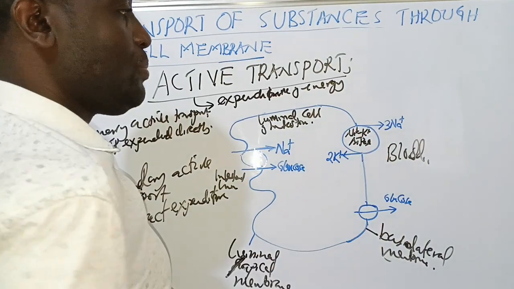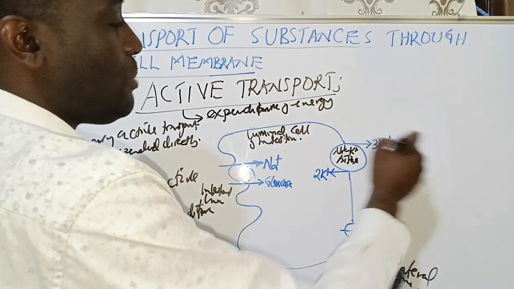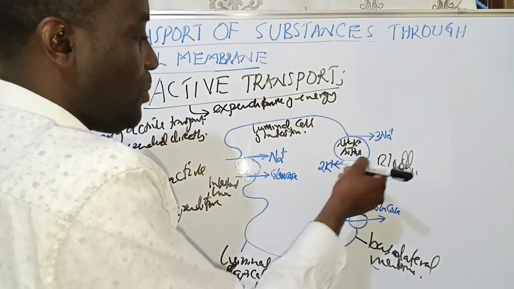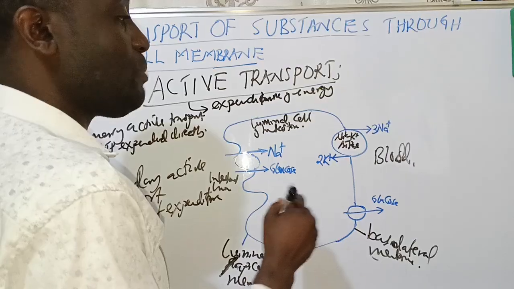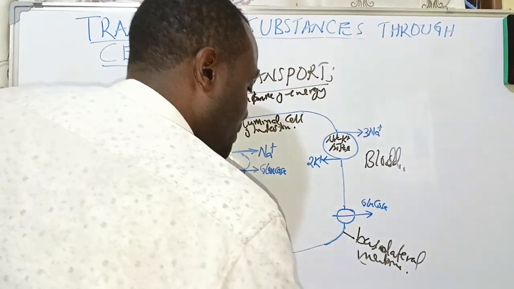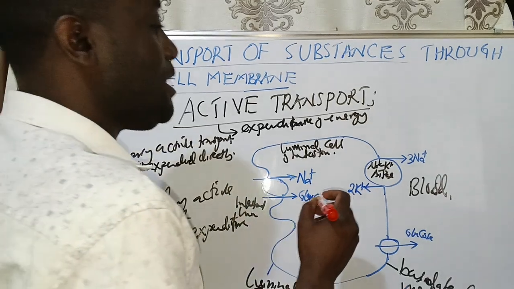This protein here pumps 3 sodiums to the outside and brings 2 potassium to the inside. But that process involves expenditure of ATP.